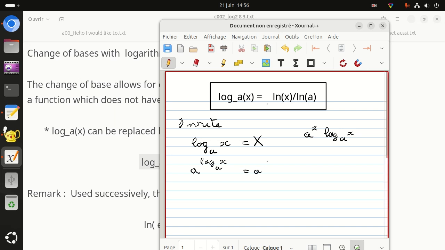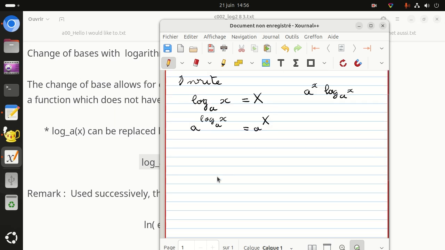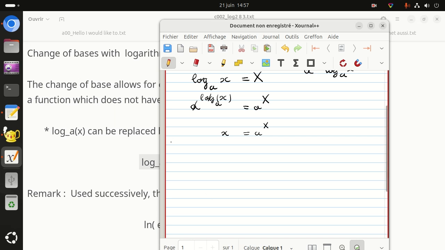I have introduced the function exponential in base a. These two functions cancel each other. Also, this gives x.